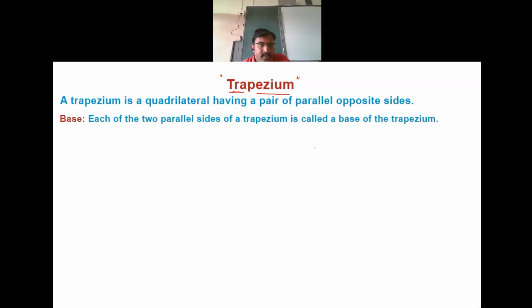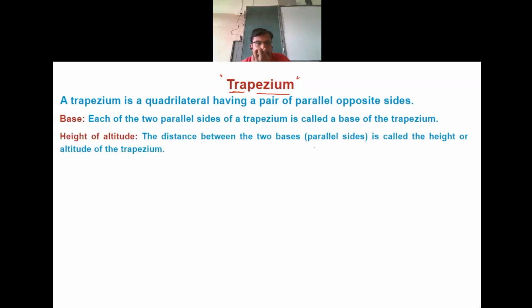Here, if I consider a trapezium, say ABCD, base is either AB or DC. One of the parallel sides has to be taken as base. The meaning of height is the distance between the parallel sides.